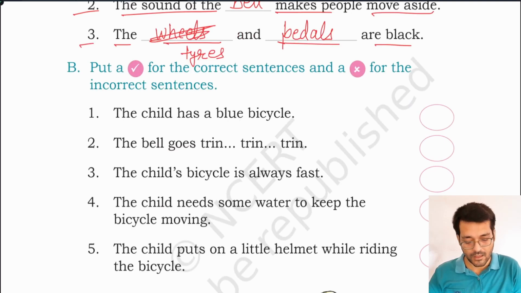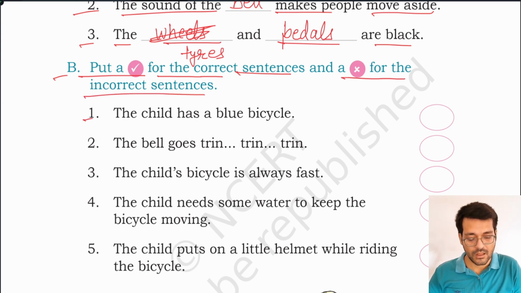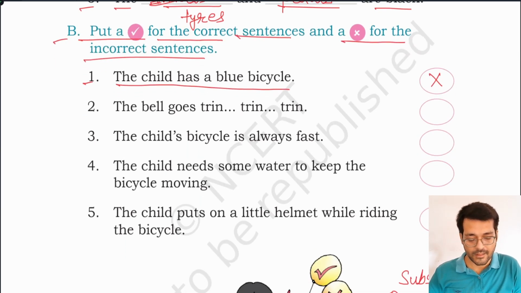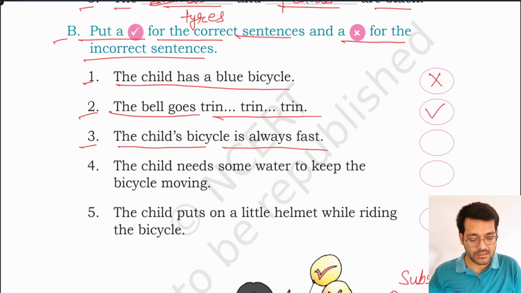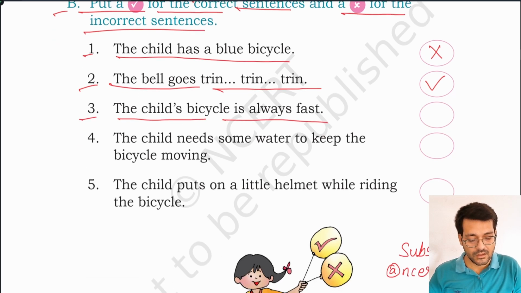B. Put a tick for the correct sentences and a cross for the incorrect sentences. 1. Child has blue bicycle. That is wrong or false. 2. The bell goes trin trin trin. That's true or correct. 3. The child's bicycle is always fast. Not always.